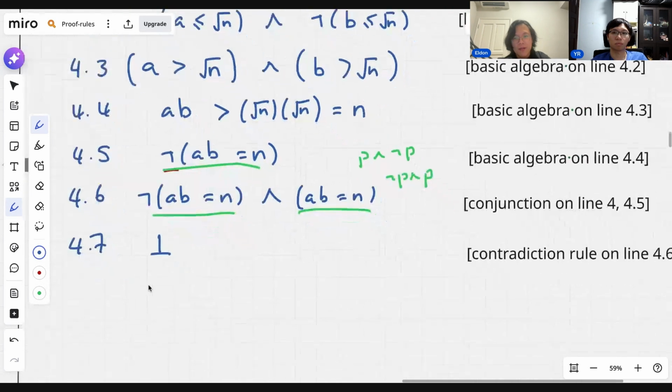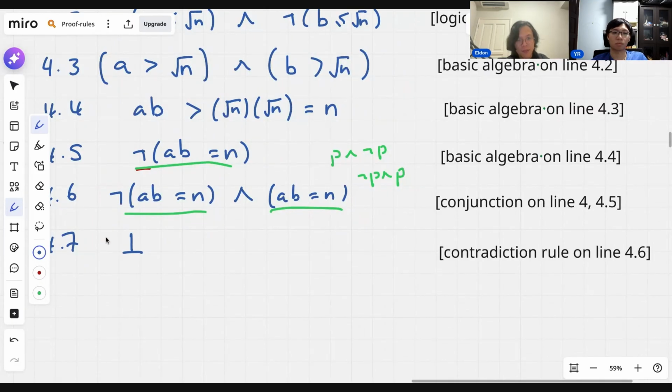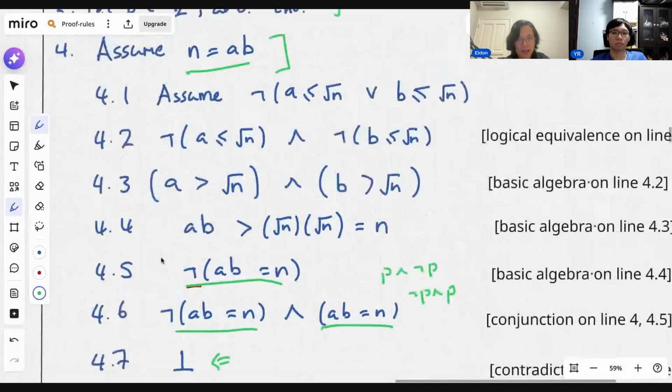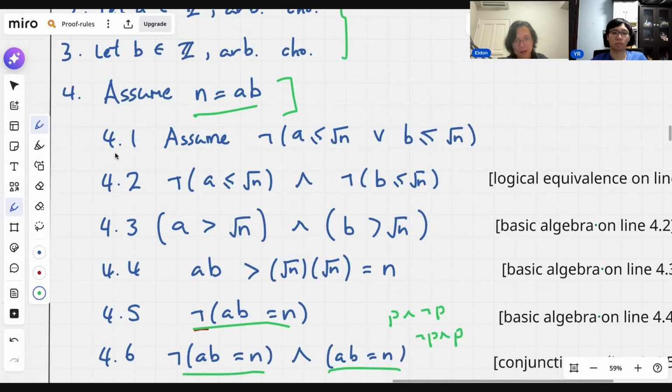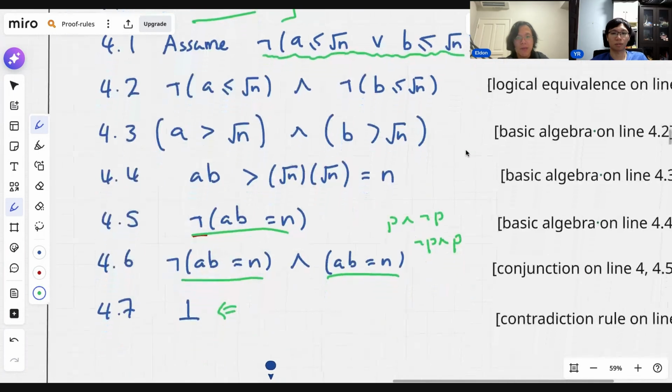Now this symbol can get paired with the assumption that led to it. This assumption that we made is paired with this contradiction.